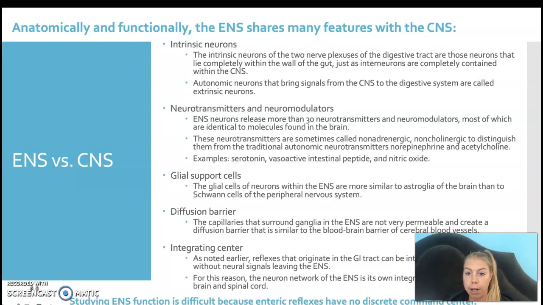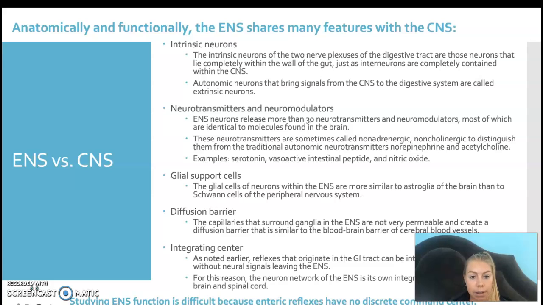These neurotransmitters are usually called non-adrenergic or non-cholinergic to distinguish them from the traditional autonomic neurotransmitters, norepinephrine and acetylcholine, that are found in the brain. Some examples that are pretty common are serotonin, vasoactive intestinal peptide, and nitric oxide.